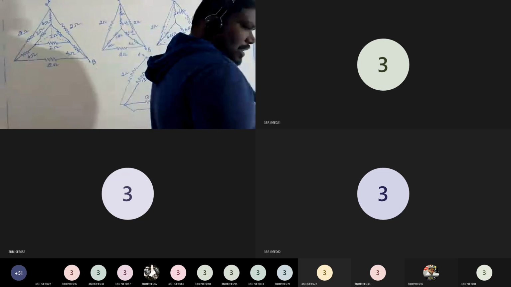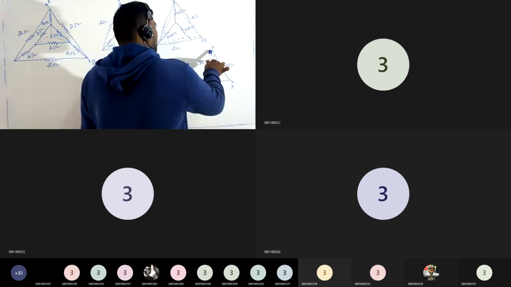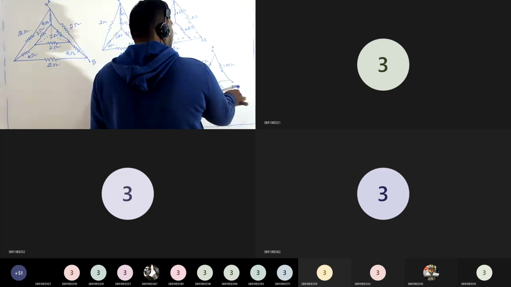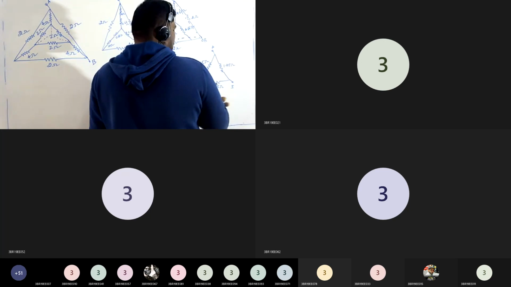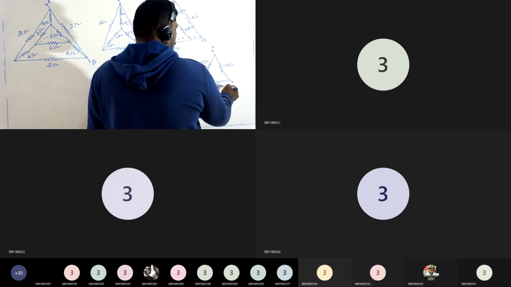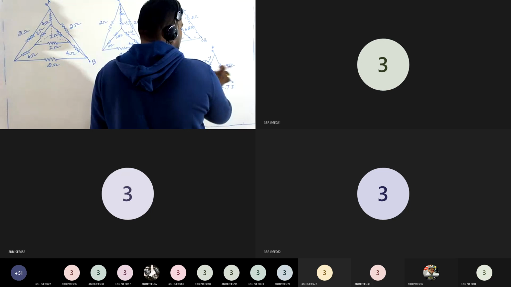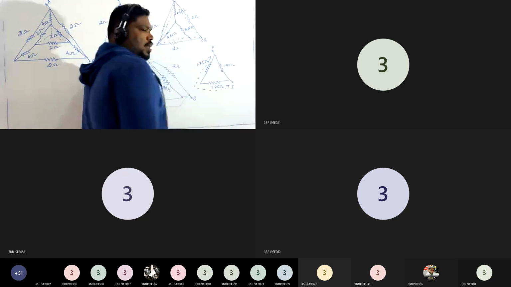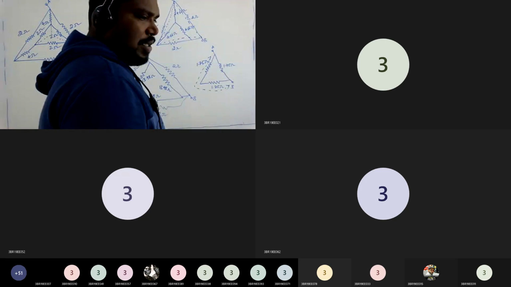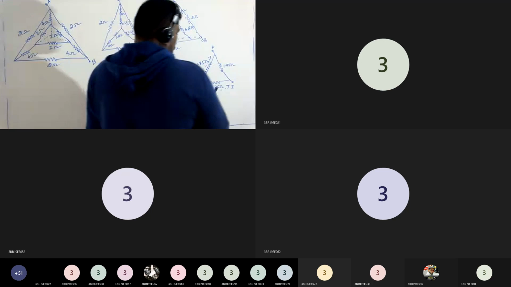As we are interested in finding equivalent resistance across terminals A and B, these two are in series, and their combination is in parallel with the resistance at terminals A and B.